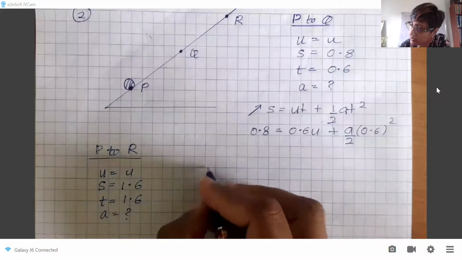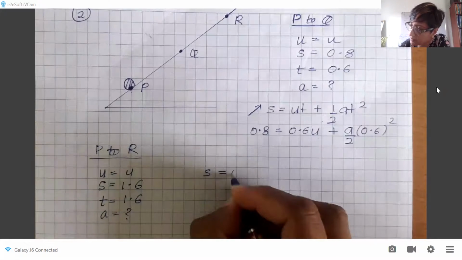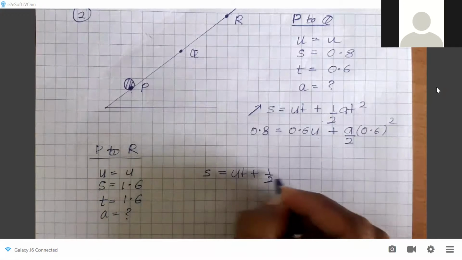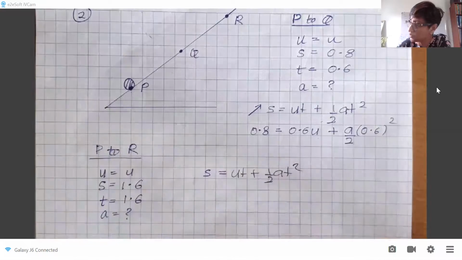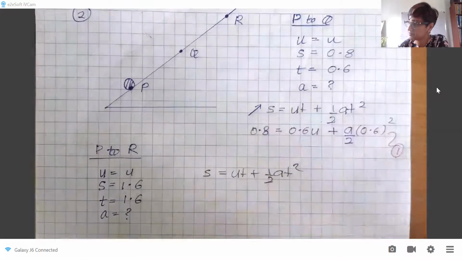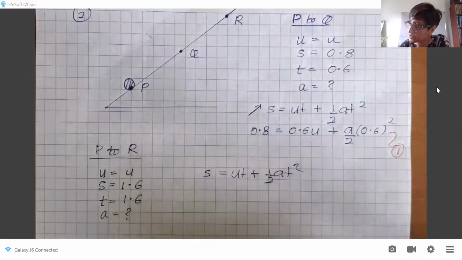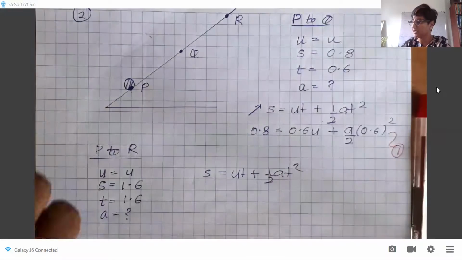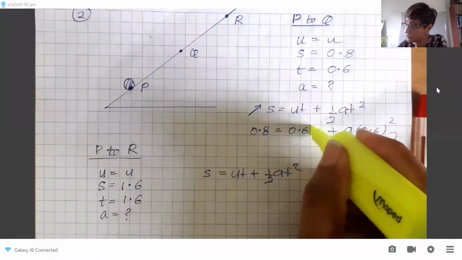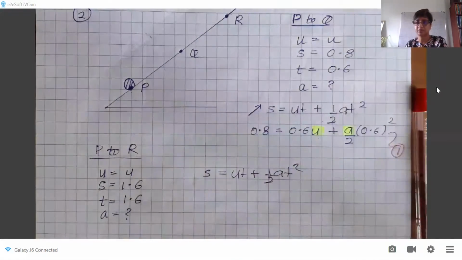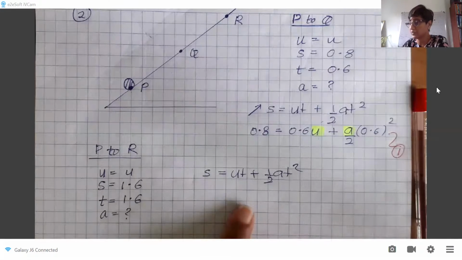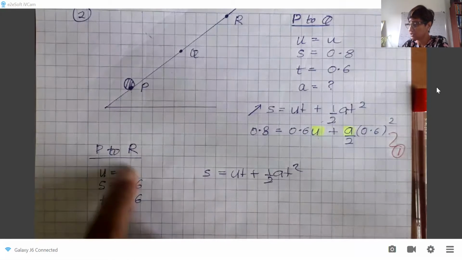Now, again, for P to R, I can apply S equals ut plus half at squared. Now, I will label this as 1. Because I have 2 unknowns there. I have U and A, 2 unknowns. That's why I can relate the same 2 unknowns and get another equation out of this.